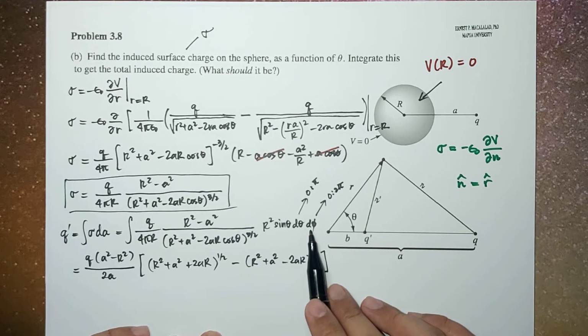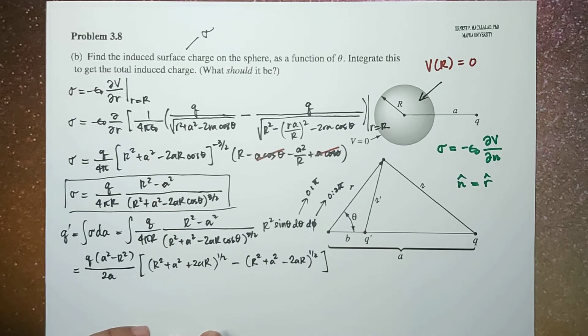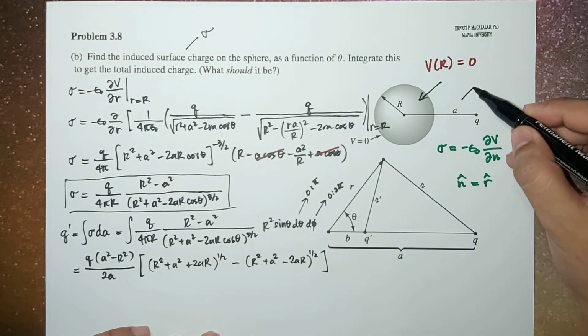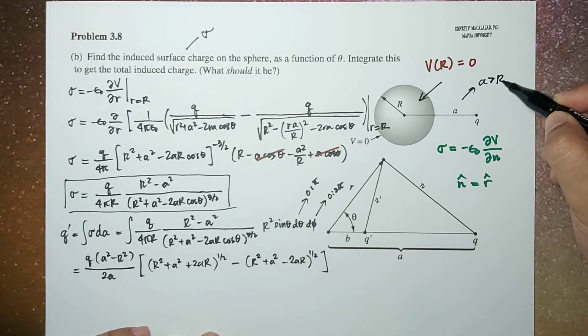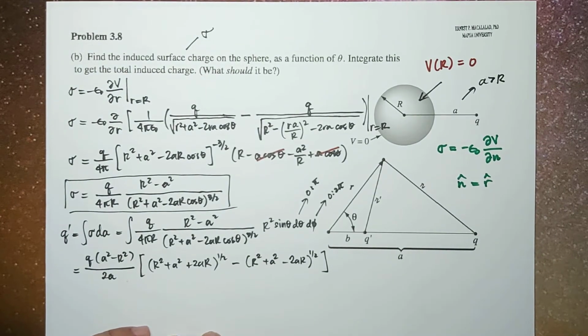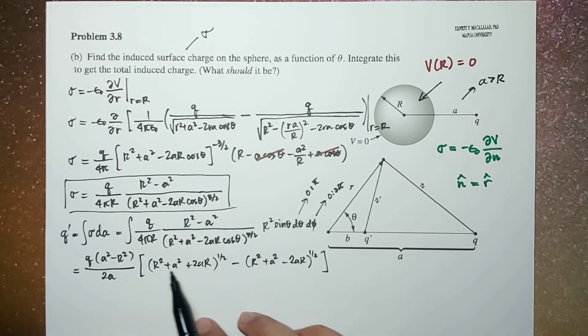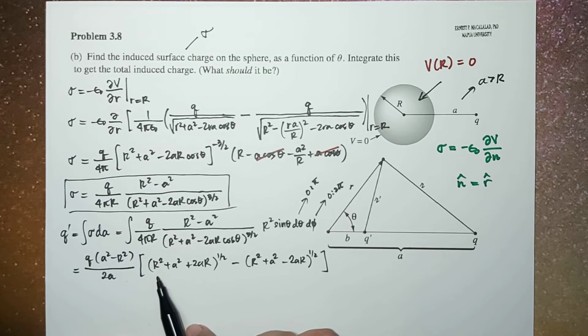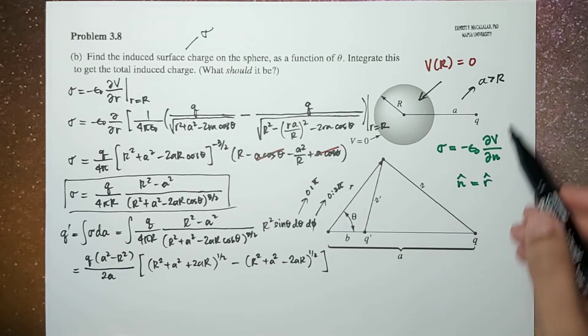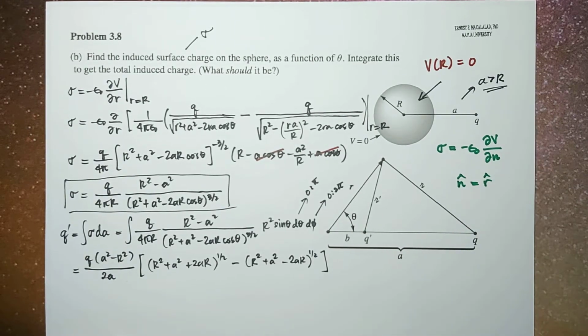That's why we integrate d phi and get 2 pi. Okay, and since, as you will notice here, a is greater than R, this square root is a perfect square. Remember, this is a perfect square, that's R plus a squared. When you take the square root, it can be plus, it can be minus, but we already set that a is greater than R.